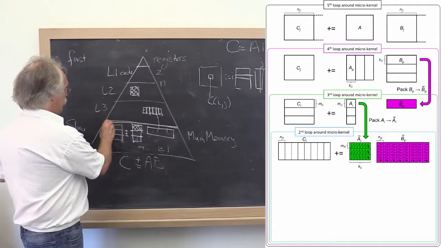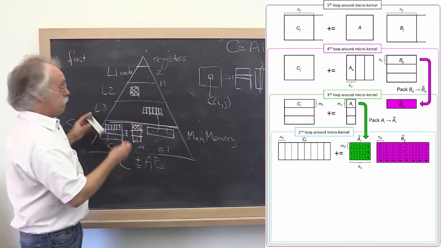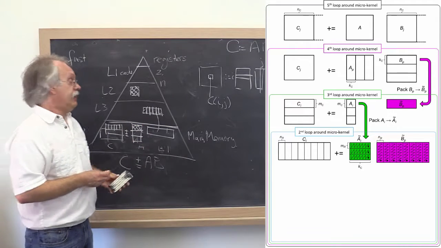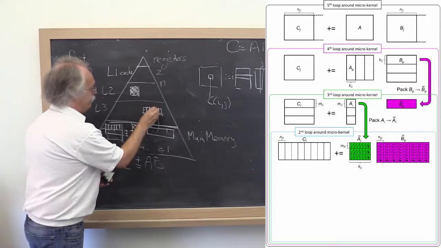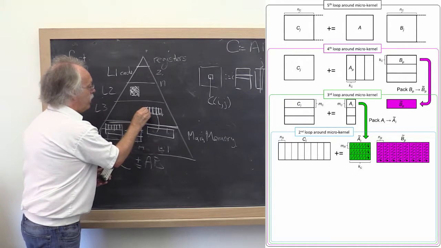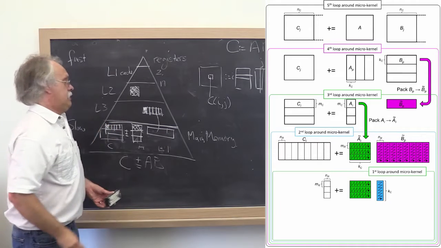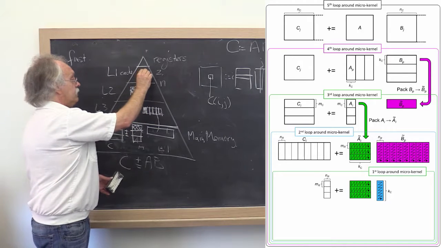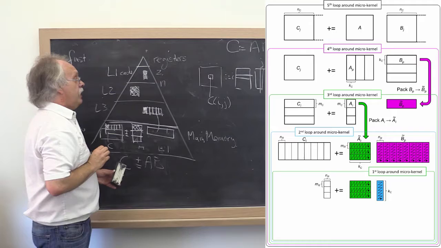If we partition this into smaller pieces, that's again one of our algorithmic variants that we came up with. And now you can take this times a typical block over here to update a typical block over there. And this typical block here then ends up being brought into the L1 cache.